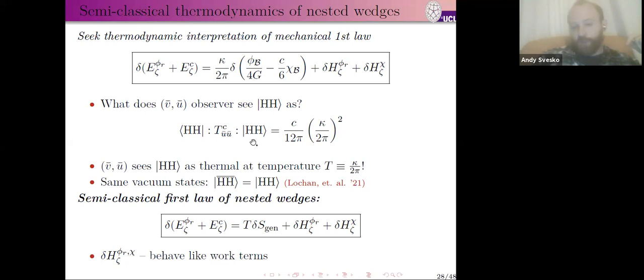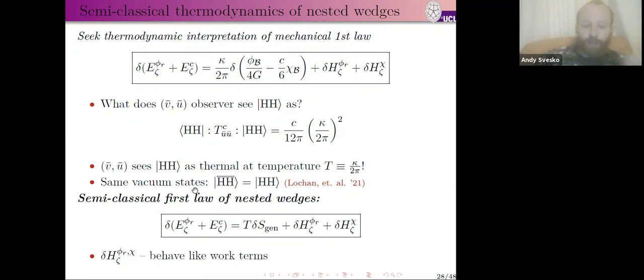And it turns out a straightforward calculation shows that the expectation value of the normal ordered stress tensor in the static coordinates adapted to the nested wedge is again a thermal energy, but now not at the Hawking temperature, but at the temperature that we identify as kappa over 2 pi. Remember, kappa is the surface gravity of the nested wedge. So in other words, a static observer in the nested wedge will see the global Hartle-Hawking state of the eternal black hole as a thermal state, but now at a different temperature.